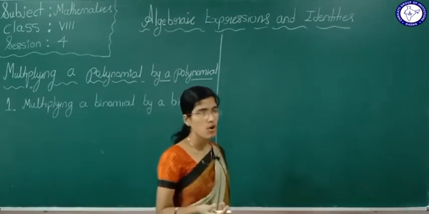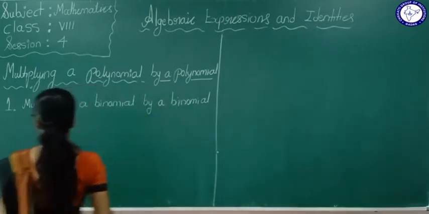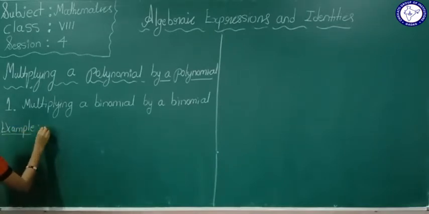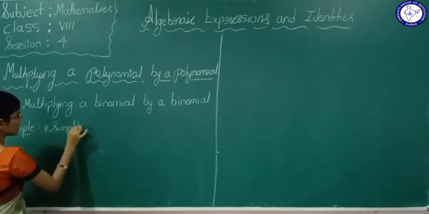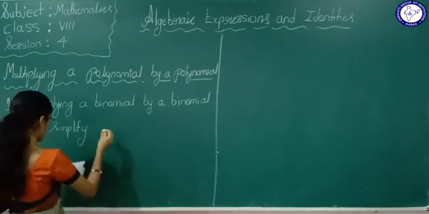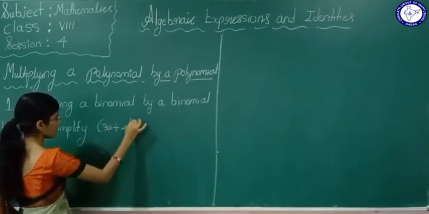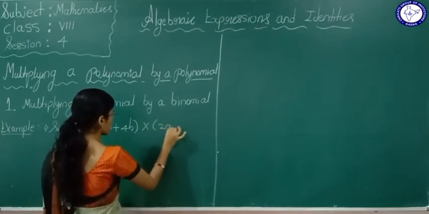I will explain to you how to multiply a binomial by a binomial. Say example. First one, simplify 3a plus 4b multiplied by 2a plus 3b.